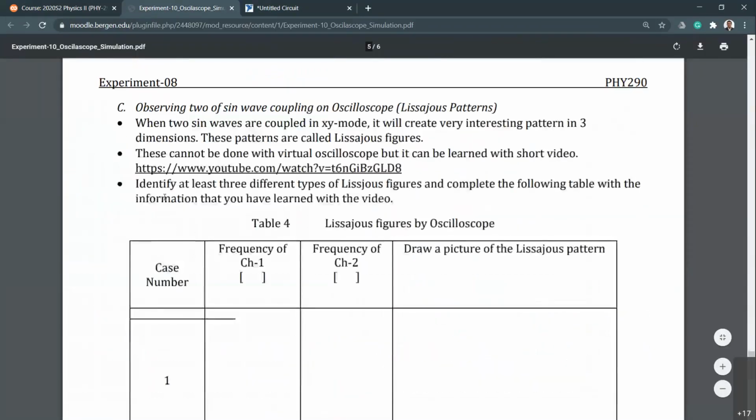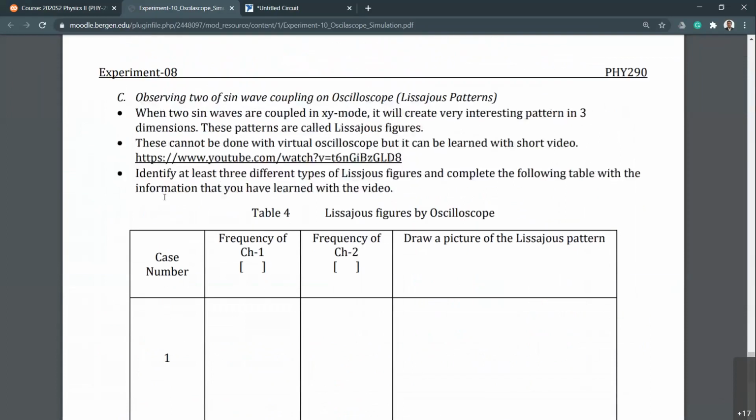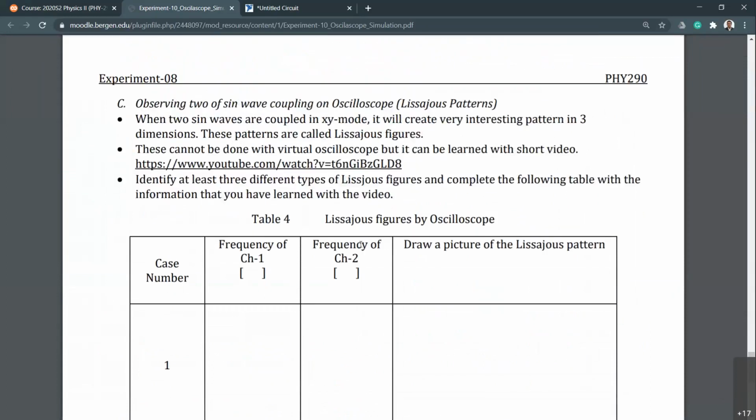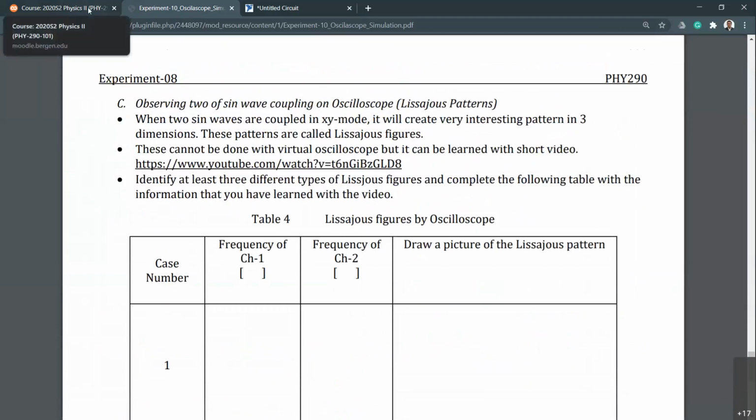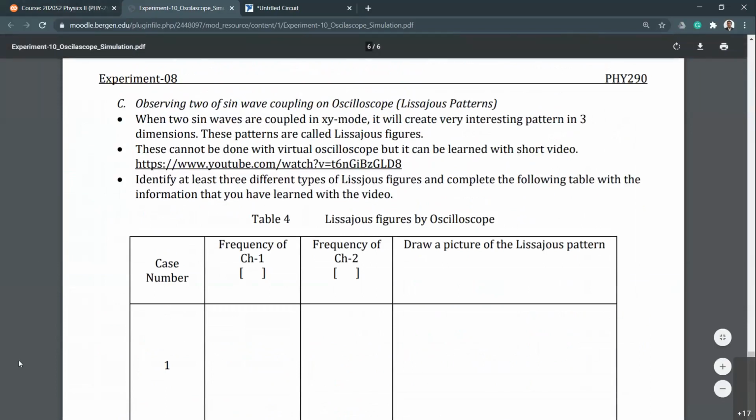Okay, so the very last part is what we call the Lissajous figures. What's the idea of Lissajous figures? Let's take a look. Anybody have any questions so far? No problem.